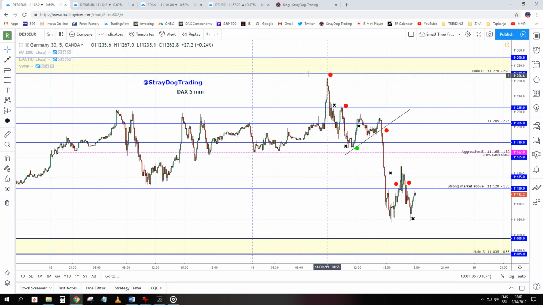Also this long here is the first test of the first zone, and these other trades are more like price action based, a combination of fib and zone and so on.